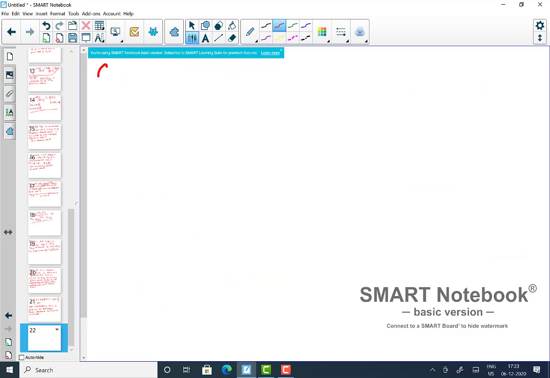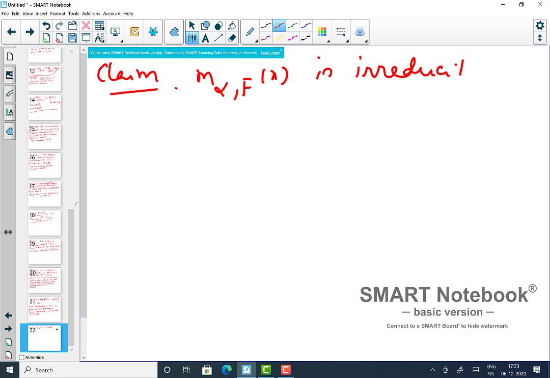Now, claim: this m_{alpha,F}(x) is irreducible. This is my claim. If not, then obviously it's reducible, right?